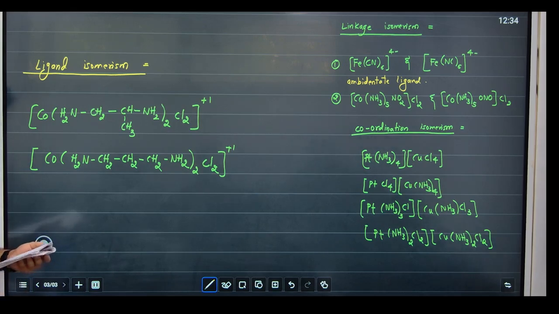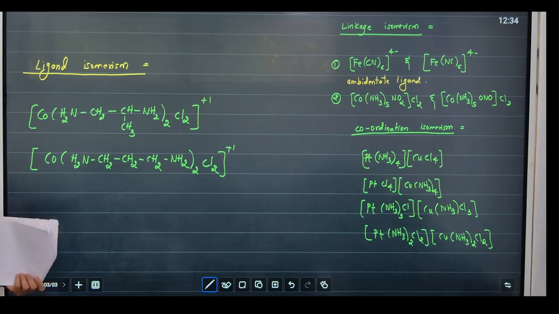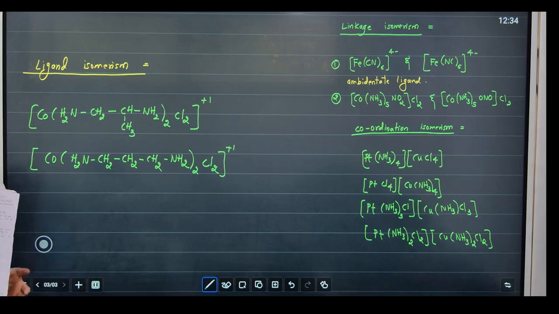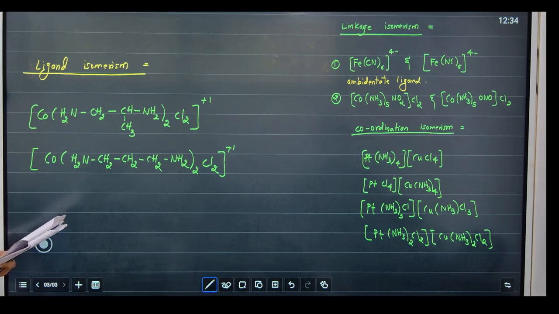Isomerism within the ligand itself is ligand isomerism. And then copy the example.